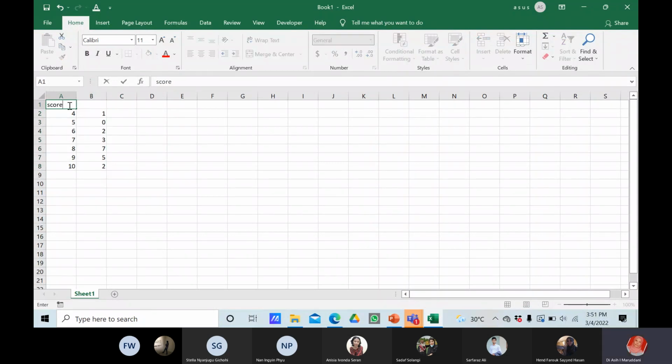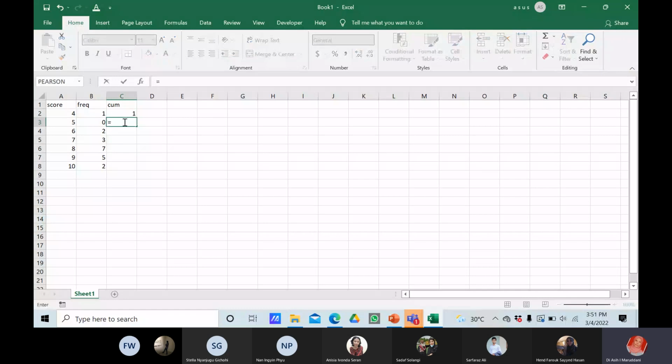You can write the title, or the frequency and the cumulative. For the first row, you can use the formula where the cumulative is equal to the frequency of the first row.